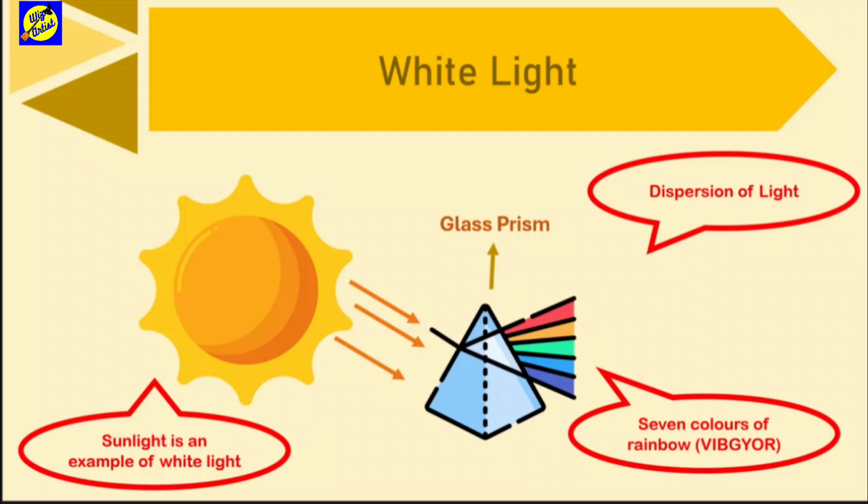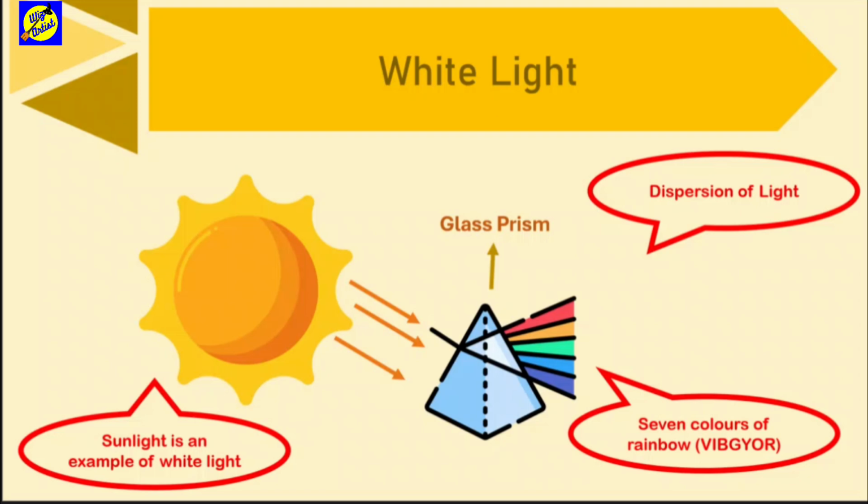Constituent colors means the colors that come together to form the main light. So if you simply have a look at the light, it will seem white, but in reality it is formed by VIBGYOR, that is violet, indigo, blue, green, yellow, orange, and red. And these are the colors that come out refracted from the prism.